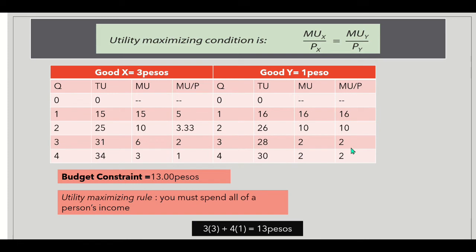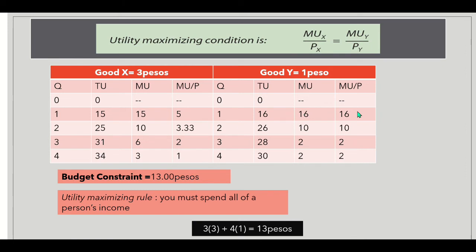So the first thing to do is to look at this formula here, the marginal utility per peso. In order to figure out which of the ratios equal one another, what I like to do is look at the highest marginal utility per peso and see if anything matches from the other good.